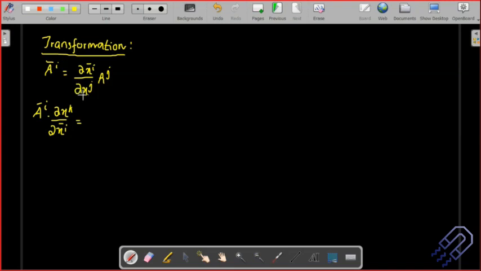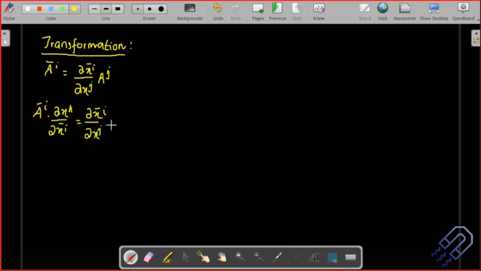So what we do is, if you want to cross multiply this, this will go here and this will come at the denominator. So that's why we are taking another component del x to the power k divided by del x bar i. Okay, and if you are multiplying with this on one side, on the other side also we should multiply with a similar quantity. So maybe I can multiply this del x bar i del xj. We'll keep it like this.